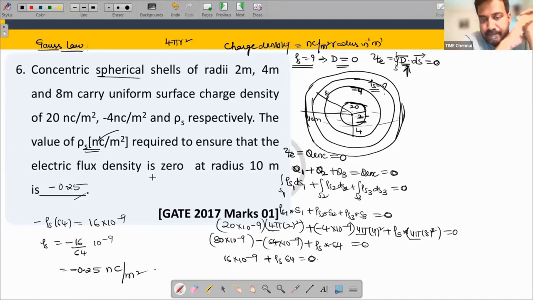Is that clear? This is model 2. Any doubt?